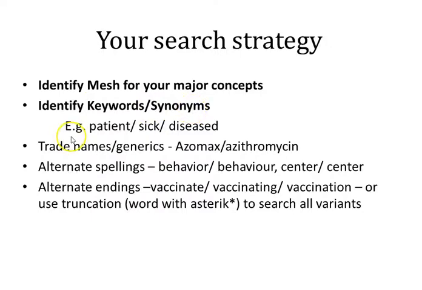For example, if my study is on patients, I can use synonyms of sick or diseased. If my study is on some drugs, I can use trade names or generics. And I can use alternate spellings for more articles appearing. And I can use alternate endings, like I've given you the example of the truncation method. So these methods can be used to bring many articles in your results.